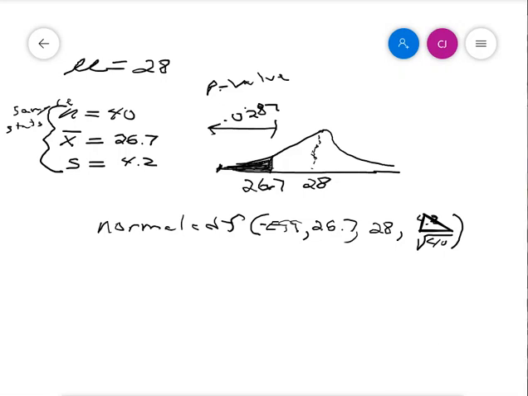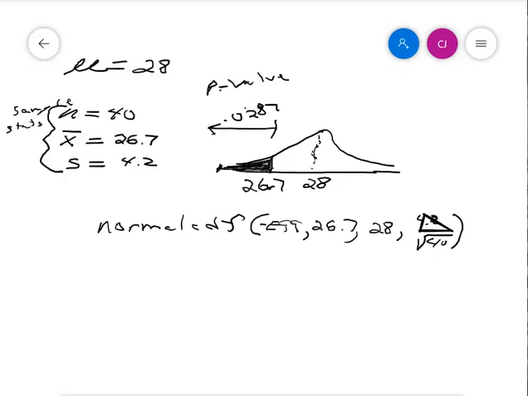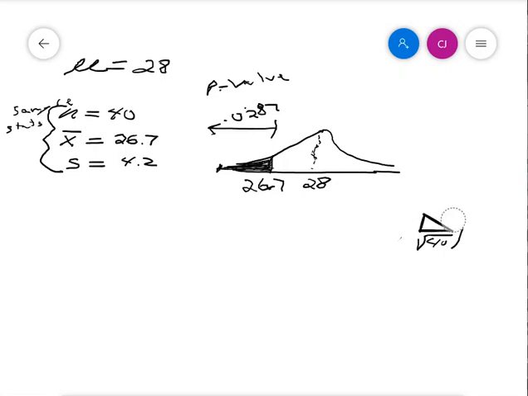Again, I'm still trying to get used to this. So we see that we're doing the same thing, okay?